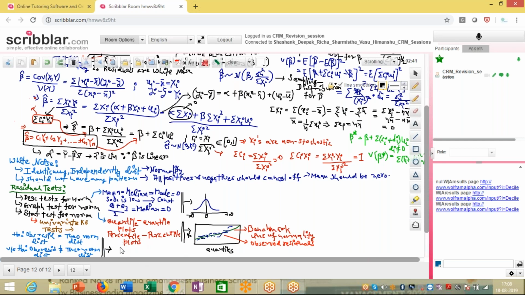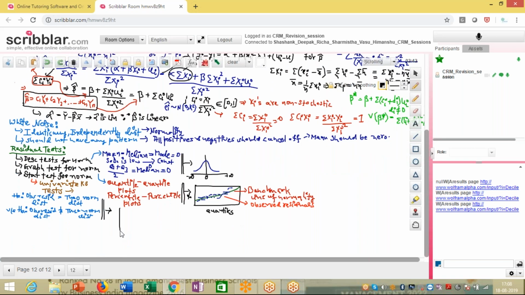So the distribution of the test carries on something like this. This is your x and this is your y.